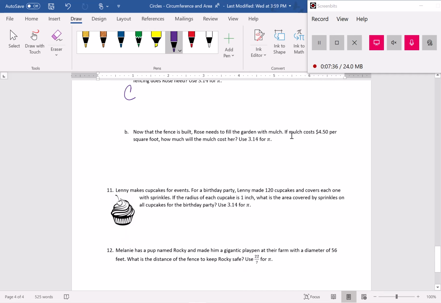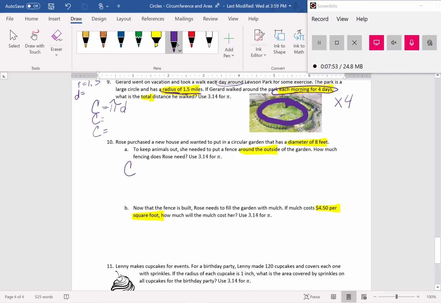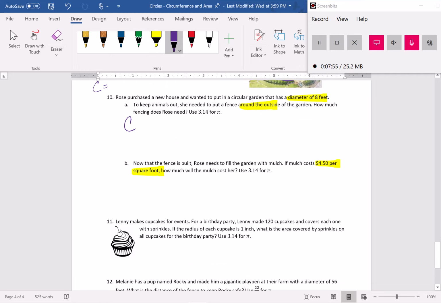Now, B says, now that the fence is built, Rose needs to fill the garden with mulch. If mulch costs $4.50 per square foot, how much will the mulch cost her? If you are going to put mulch in your garden, she's going to put mulch all over the bottom.